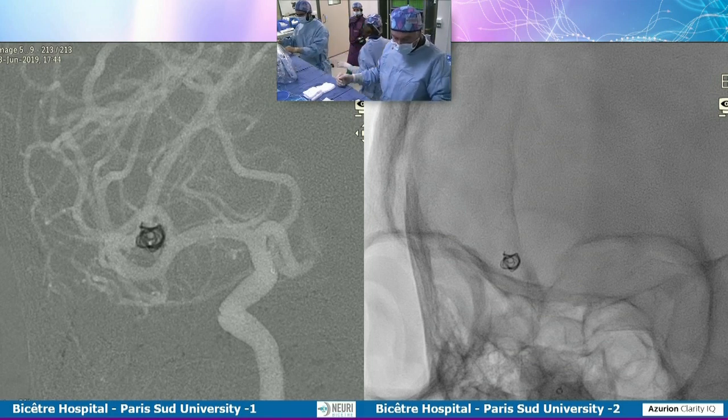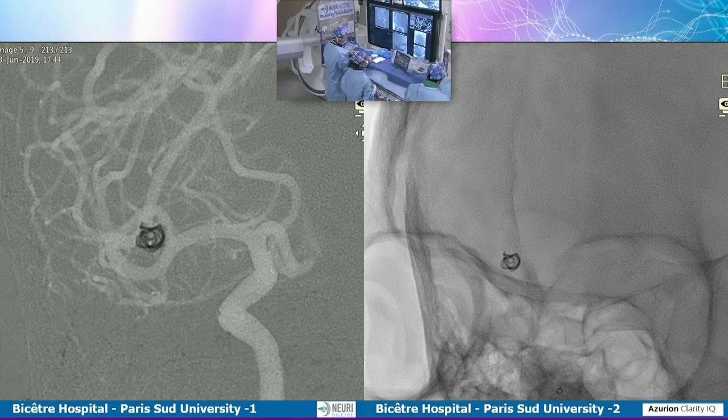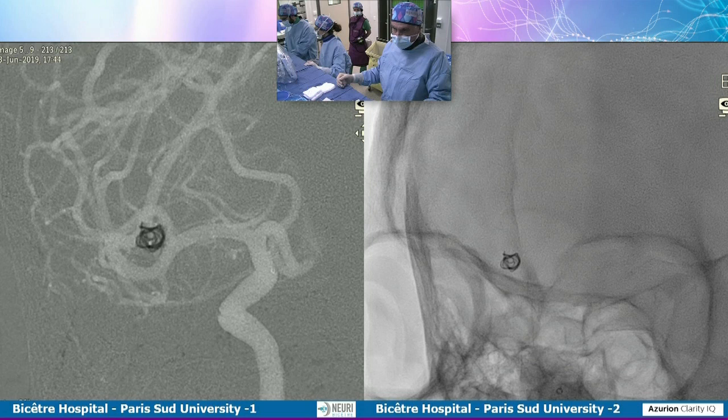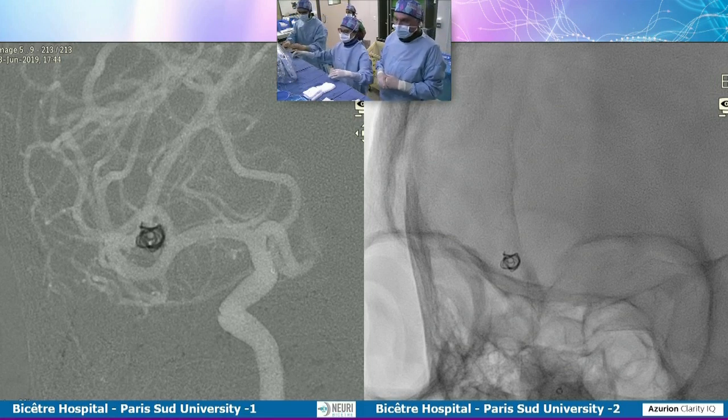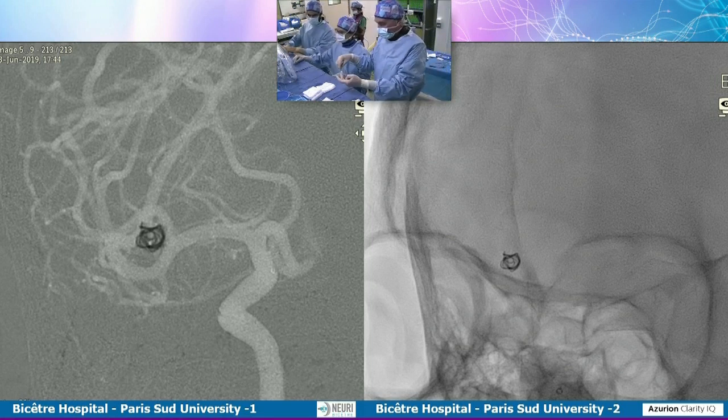Would you use a smaller, softer coil for the center? Jacques said he was going to put only one coil. Laurent, I have one. Okay, so this is a comment from the Angio Suite: they decided to use a distal support with a Phenom 27.